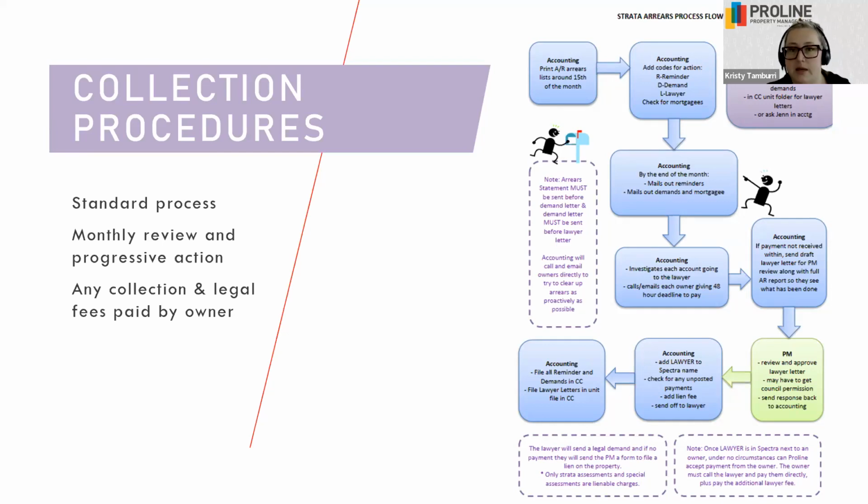And so typically speaking, a reminder is sent when an owner hasn't paid strata fees after 30 days. A demand would be sent after 60 days. And then following that, if an owner is 90 days in arrears, then we would be coming to the Strata Council to have a discussion on whether or not we want to go to that step of referring that owner to the lawyer for collection.